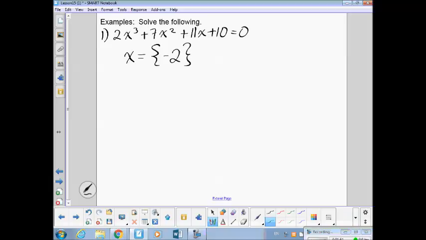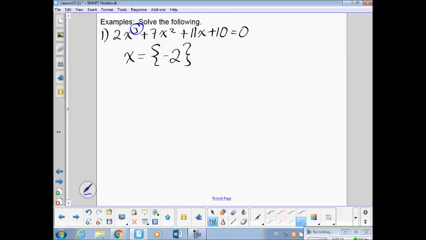It's just, in this case, one answer. Now, just to point out to you, this is cubed. So we could have between 1 and 3 solutions because it is cubed. If it was a 4, a quartic, I could have up to 4 answers.